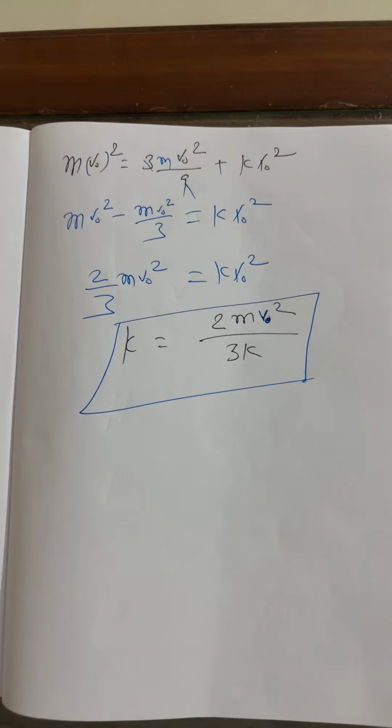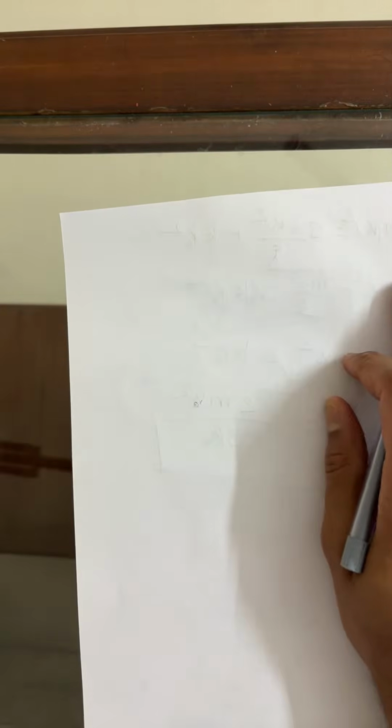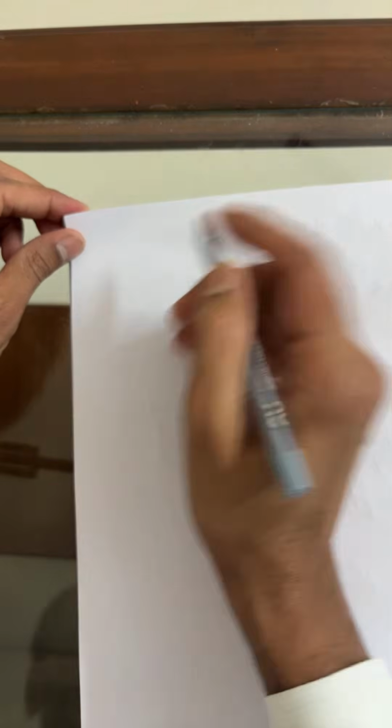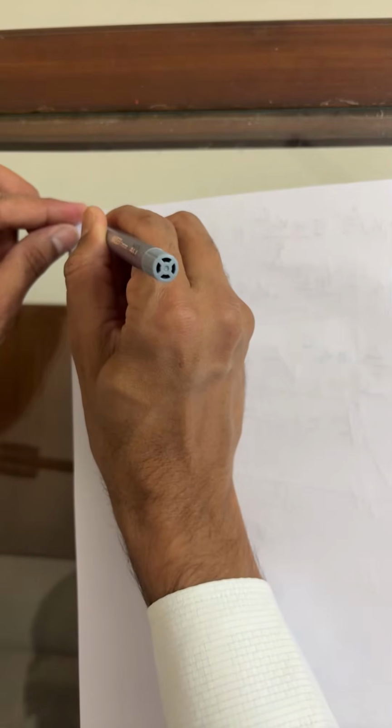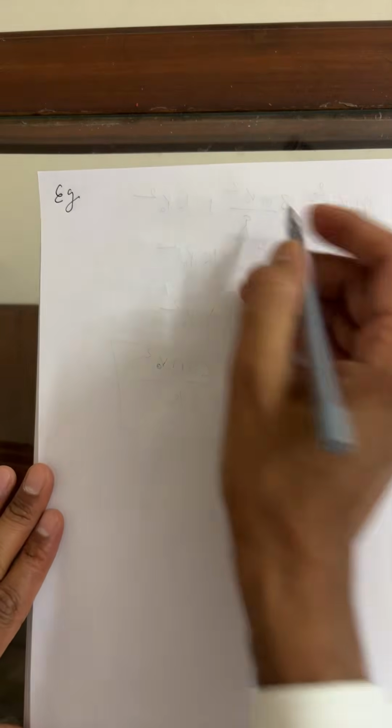We'll do a question based on collision here. What's the next question? Have a look. I'll read the question once. Two blocks of equal masses, small m, are connected by an unstressed spring.